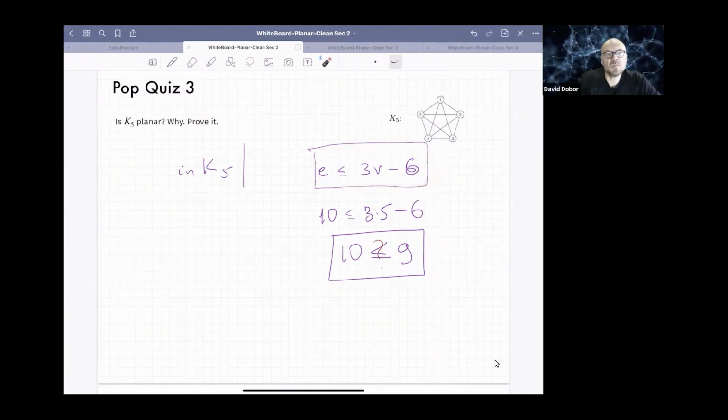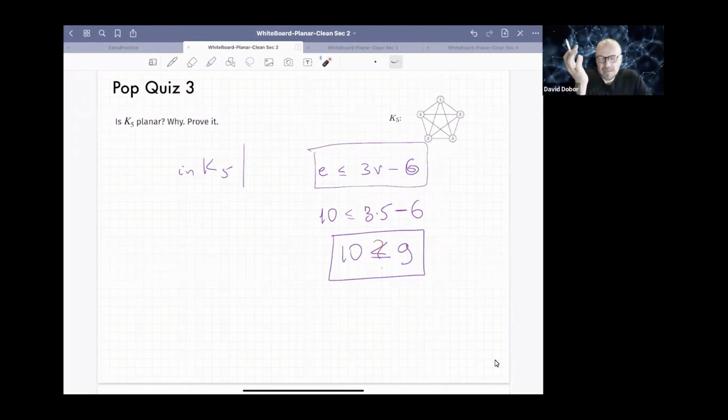We check this relationship. It turns out that it does not hold. Therefore, K5 is not planar. Why? Because if it were planar, then this relationship would hold, and it doesn't. Make sense?